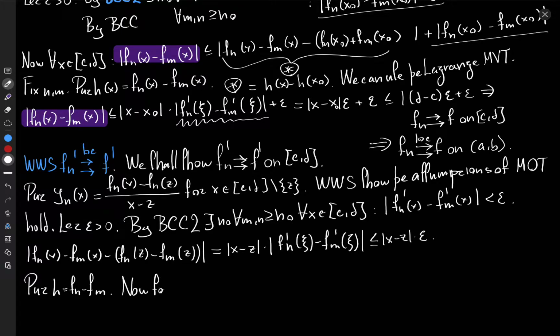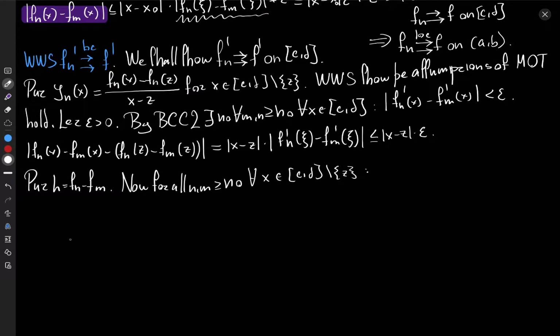And now for all n, m natural greater or equal to n0, we will have that for all x in the interval, barring z, we evaluate S_n(x) minus S_m(x), which is equal, by definition, to f_n(x) minus f_n(z), minus f_m(x) minus f_m(z).